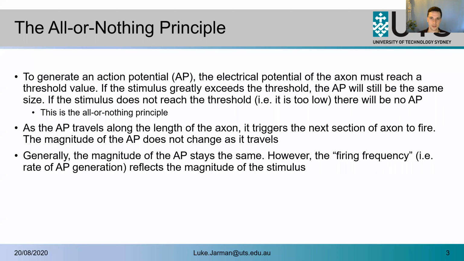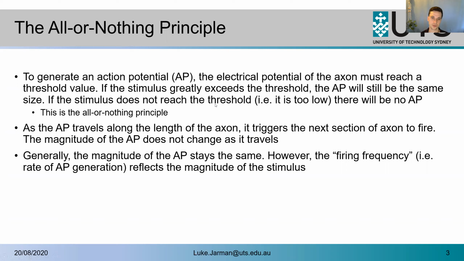Cardiac cells might have a different threshold compared to neurons. If the stimulus greatly exceeds the threshold, the action potential will still be the same size or magnitude. That is an important landmark feature of action potentials. And if the stimulus does not reach the threshold, like it's too low, there will be no action potential. That is just the all or nothing principle.